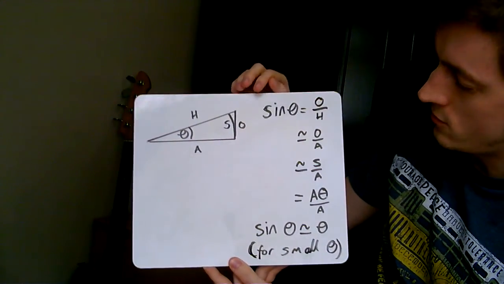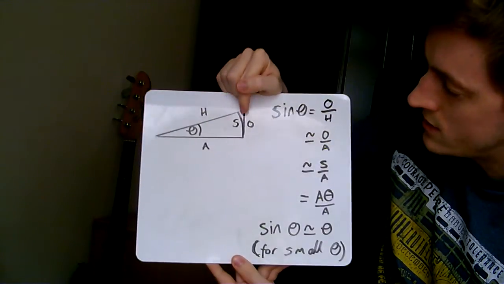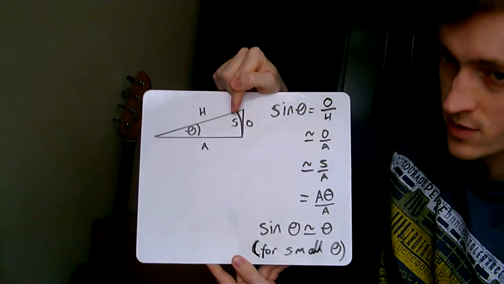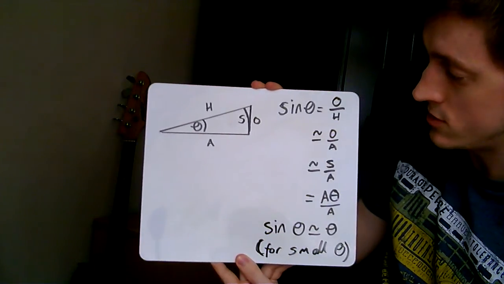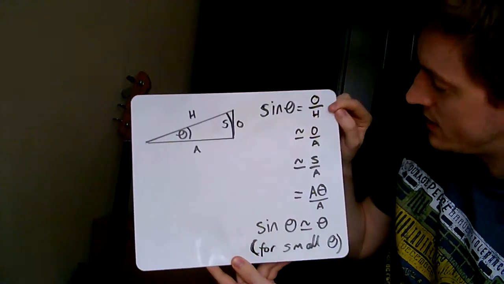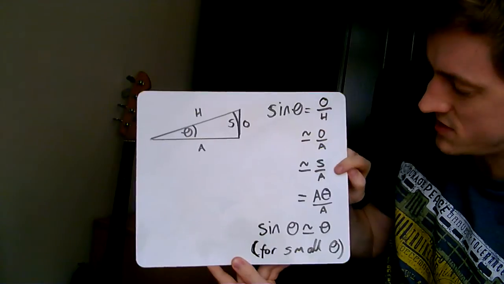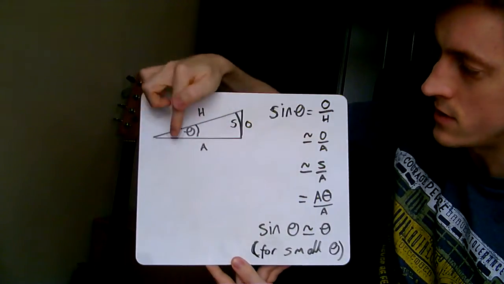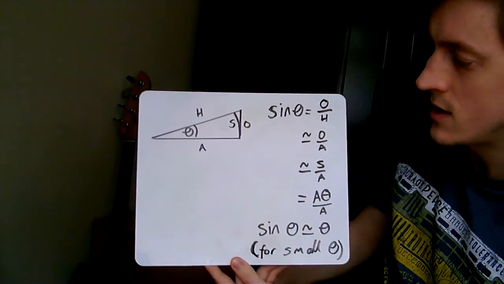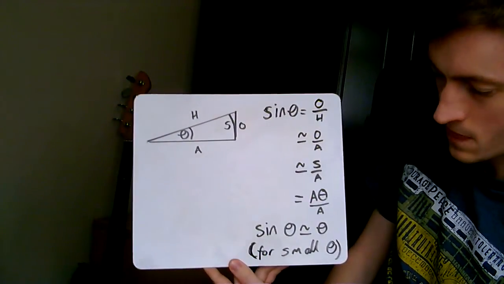So with that we can say that O is pretty much going to be the same length as S when theta is small. So O is pretty much the same size as S, so O over H is about the same size as S over A. So if you take the curved length of this arc and divide it by the length of this adjacent line here, it's pretty much the same as sine theta.